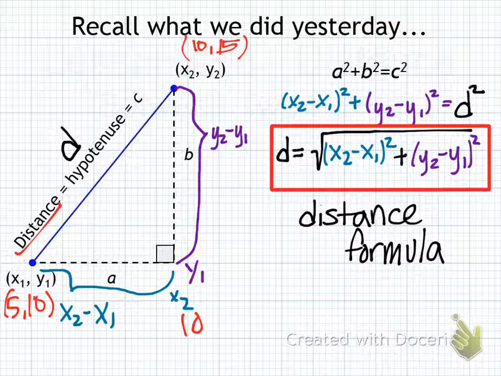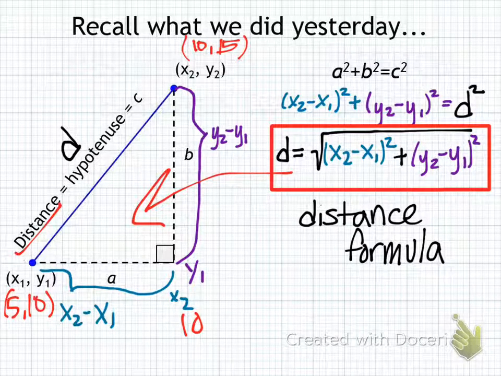We're able to use this now to solve for the distance between any 2 points. All we have to do is plug them in, and we don't need to make the whole drawing now like we did yesterday. It's nice to know, though, that this is where it comes from. This formula doesn't just appear out of nowhere. It comes from this idea that between any 2 points, we can create a right triangle and solve for the distance using the Pythagorean theorem.